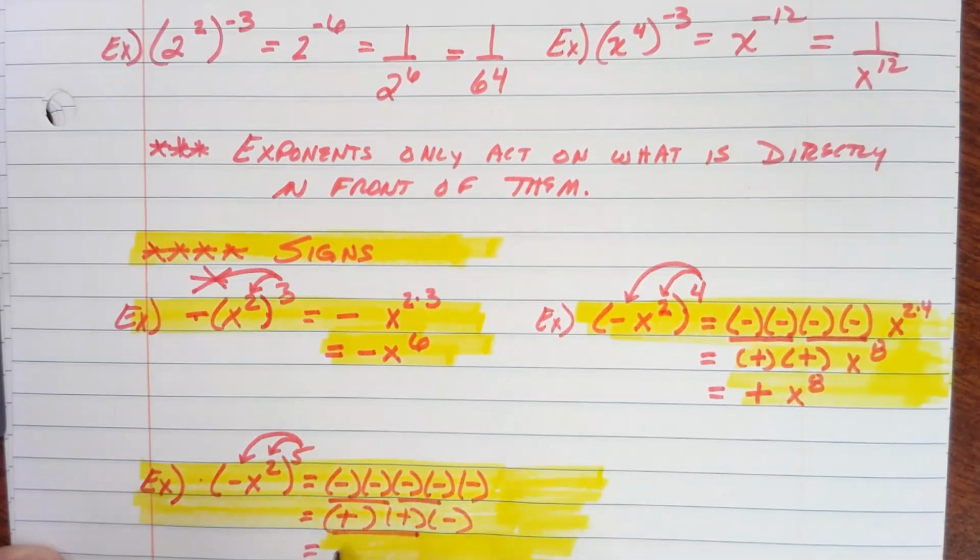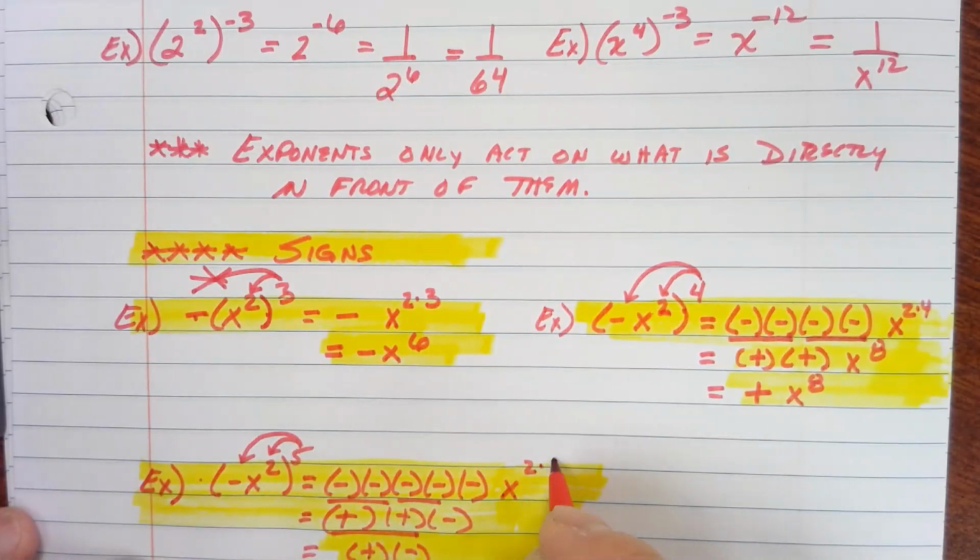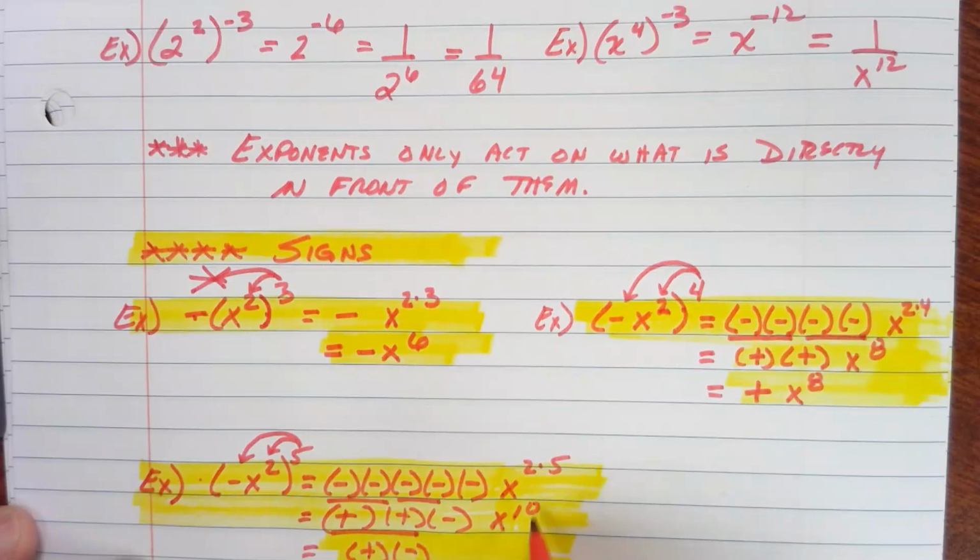A positive times a positive is a positive, times that negative, makes the whole thing negative again. And then I have x to the 2 times 5, which is x to the 10th. So the answer here is negative x to the 10th power. Questions there?